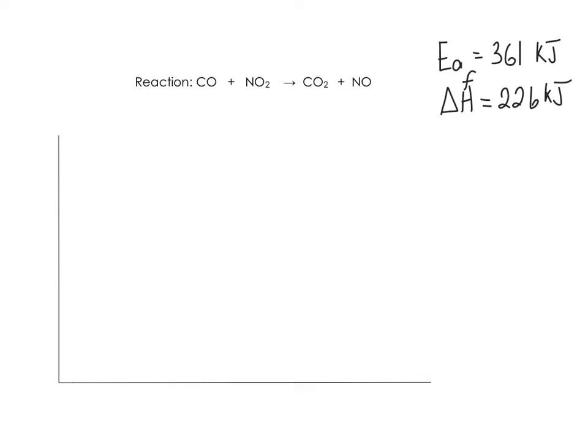So let's draw a potential energy diagram for this. Potential energy goes on the y-axis and reaction progress or time goes on the x-axis. So we know that it's endothermic. It doesn't have to be to scale.